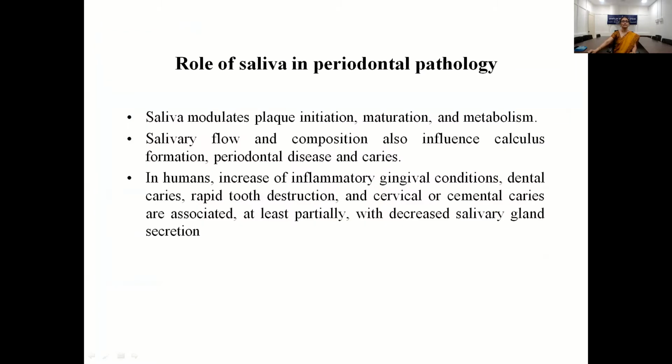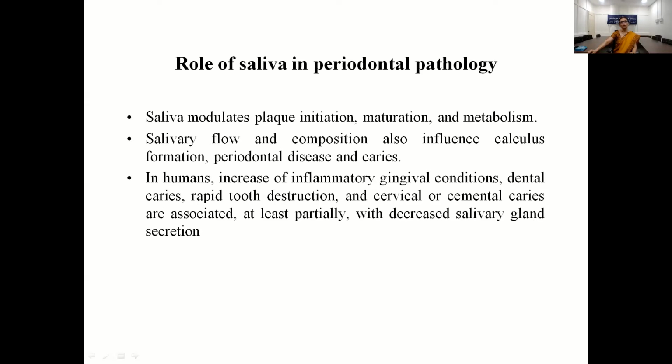What is the role of saliva in periodontal pathology? Saliva modulates plaque initiation, maturation, and metabolism. Salivary flow and composition also influence the calculus formation, thereby periodontal disease and caries formation.